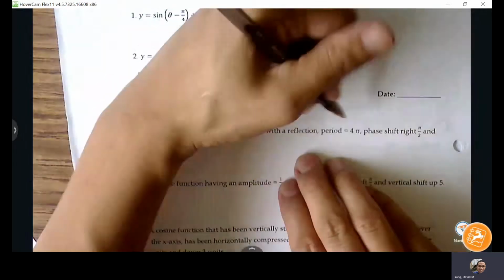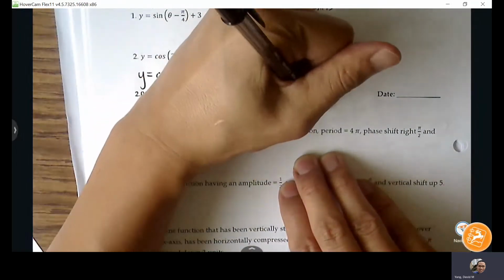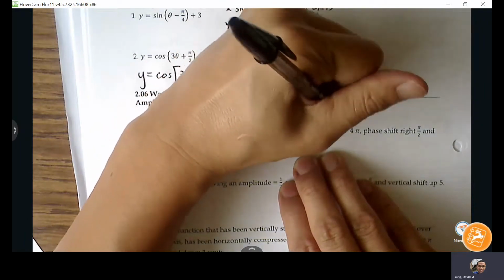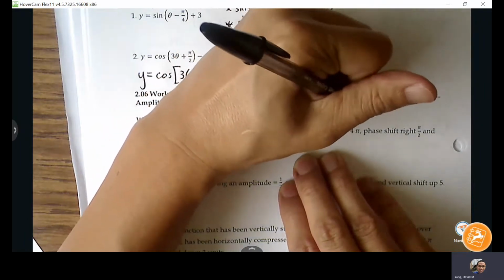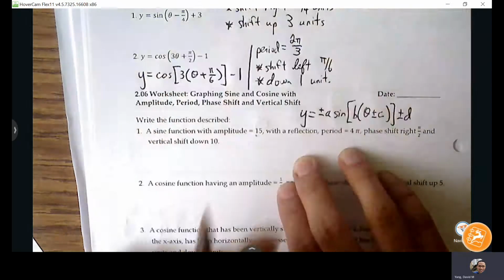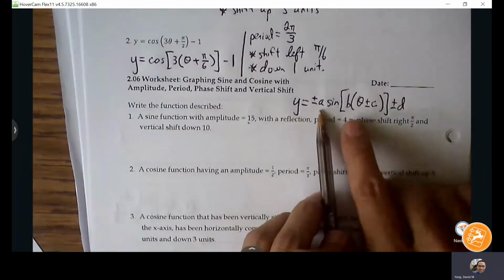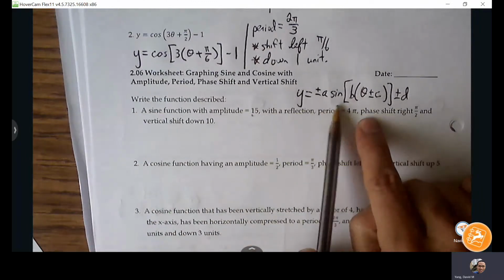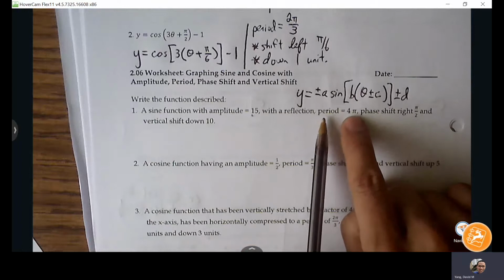Okay, so ultimately, we're trying to get into this form, right? It's going to be plus or minus a sine bracket b parentheses theta plus or minus c, plus or minus d. So we're just trying to figure out what numbers to insert for a, b, c, and d in that form. Really the only work that's required is finding that b value from the period.